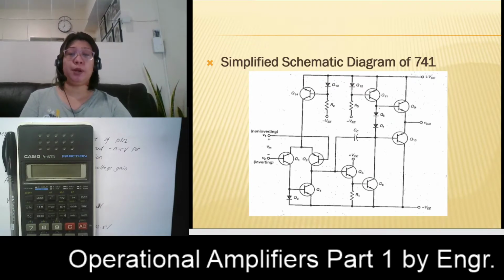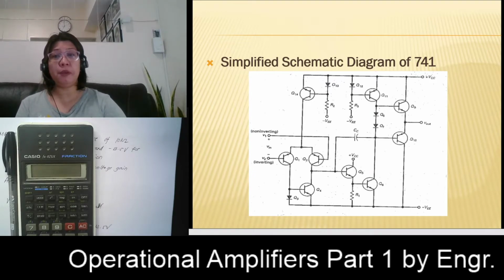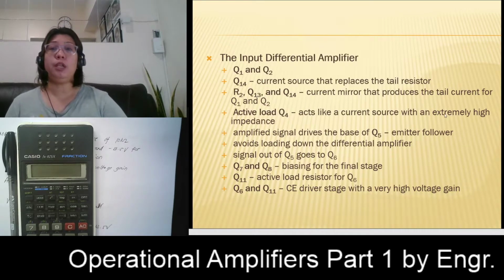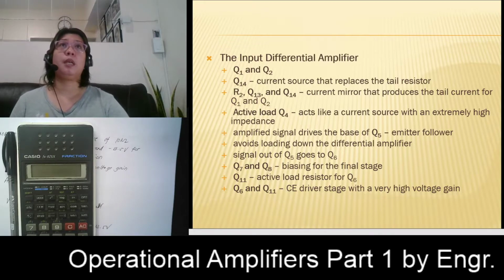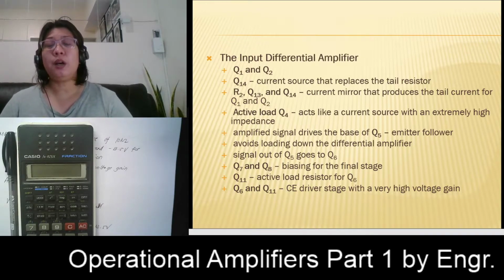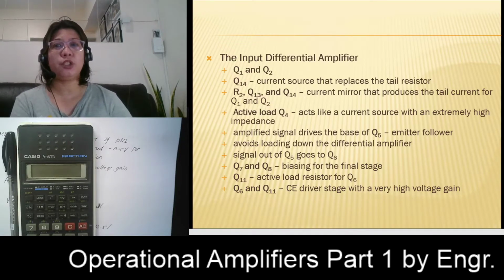We will just have a brief, fast run through the important parameters that we can see in the simplified schematic diagram of our 741. The input side, or the first block, is actually your input differential amplifier.